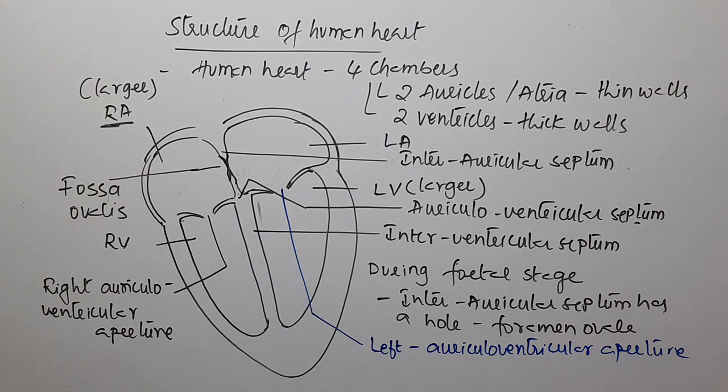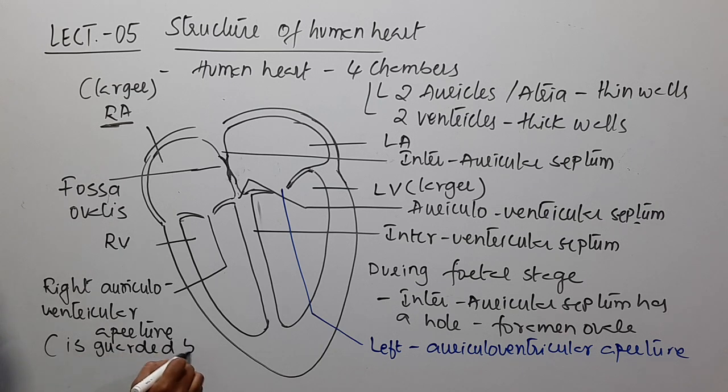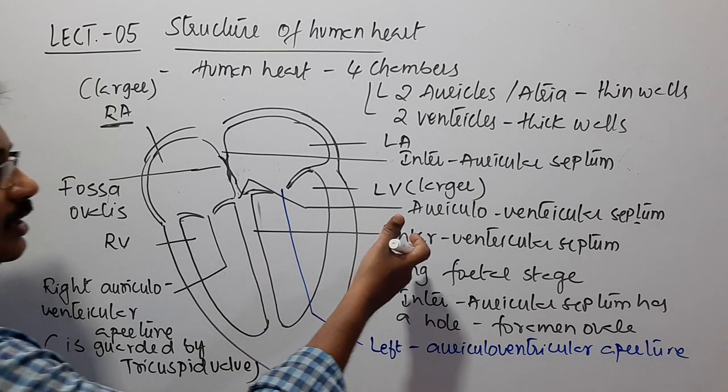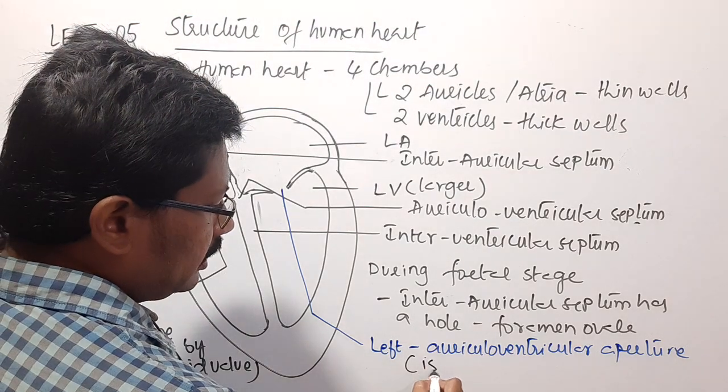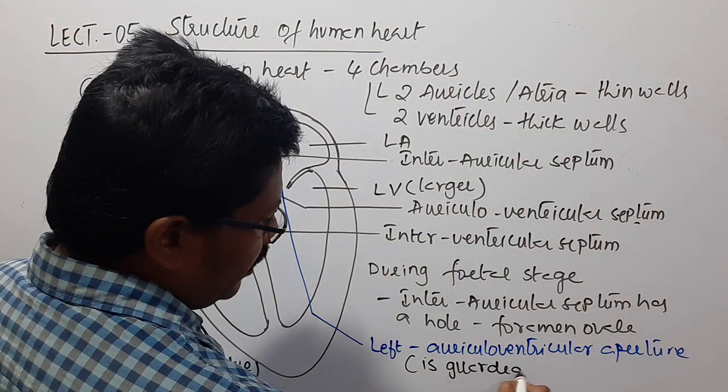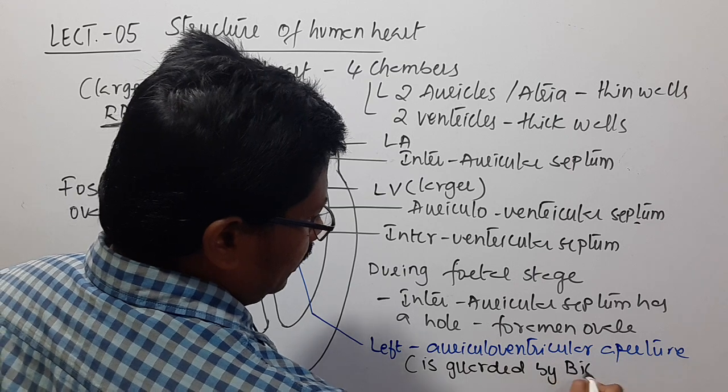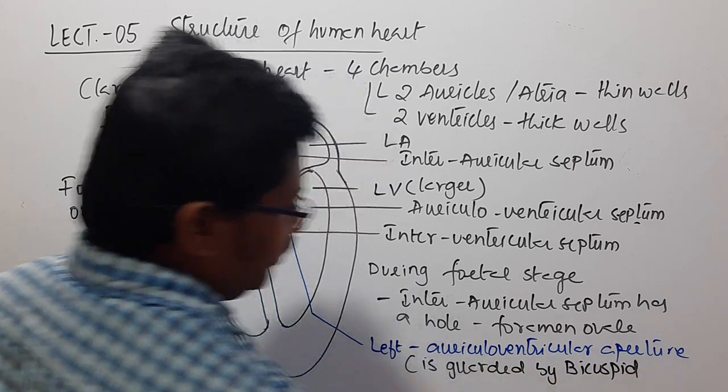Now the right auriculoventricular aperture is guarded by the tricuspid valve, and on the left side the left auriculoventricular aperture is guarded by the bicuspid valve.